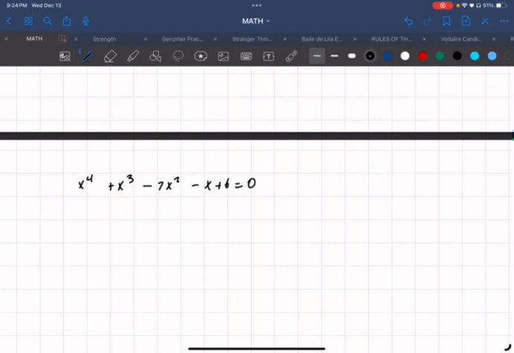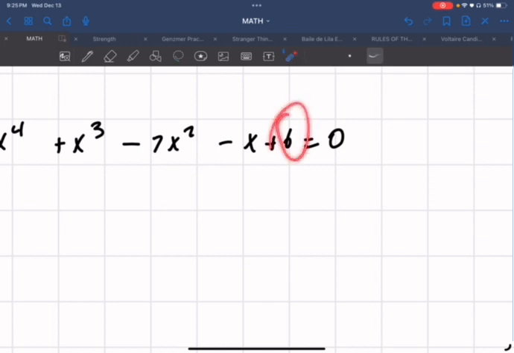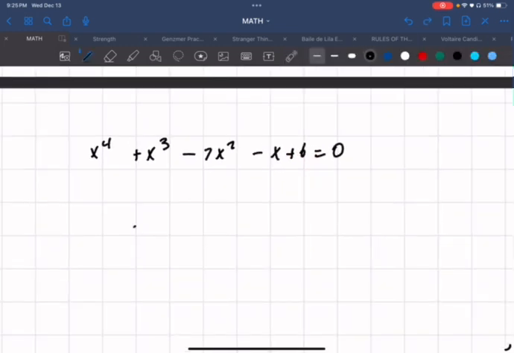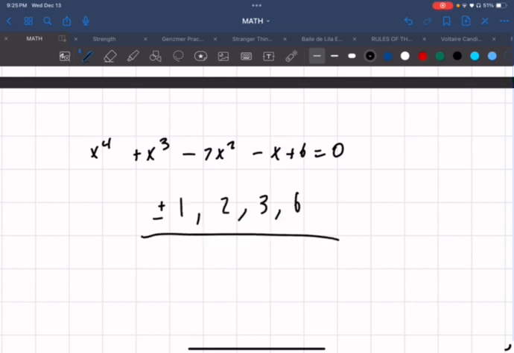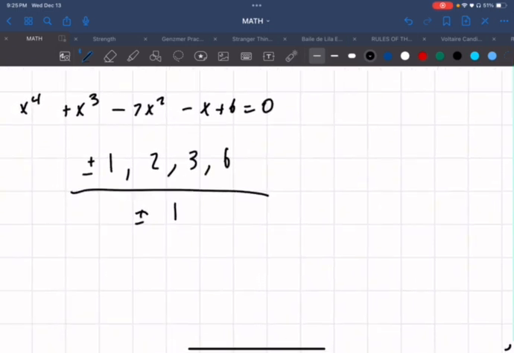So what we would do is all factors of this. So that would be plus or minus 1, 2, 3, 6 over plus or minus. Hold on. Never mind. And then I just keep plus or minus. Okay. This is right, I think. Anyways, I don't feel like doing this, but it's fine.